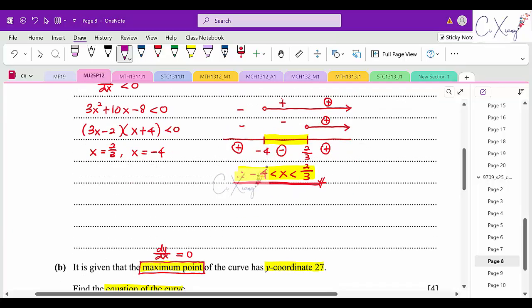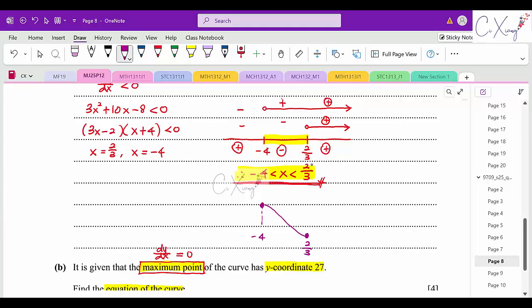And because after x equals -4, the function is decreasing, he suspects that x equals -4 is the maximum point, so that the function will decrease until 2/3, where x equals 2/3 is another stationary point, and it should be a negative value, because it should be a minimum point.